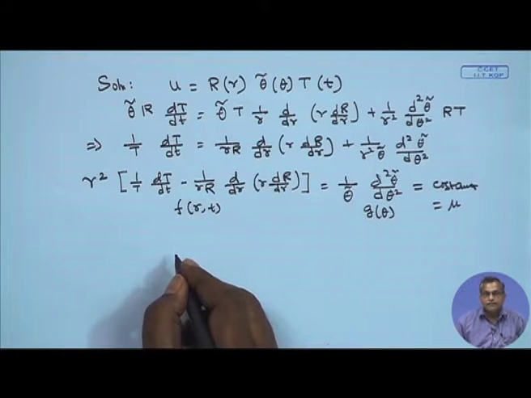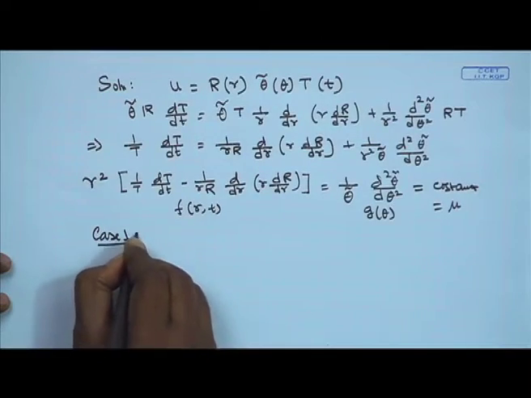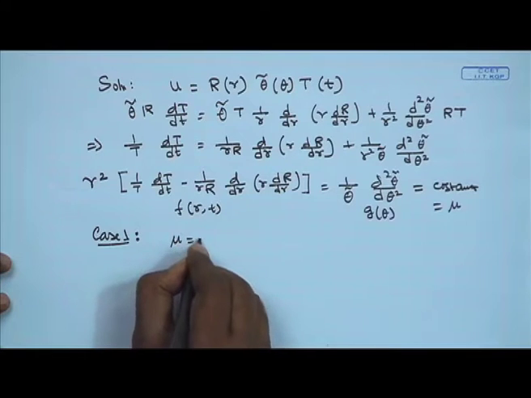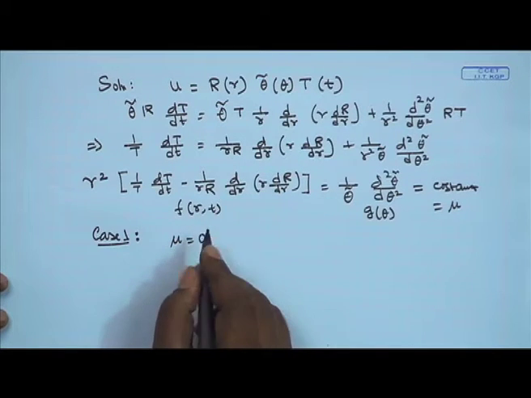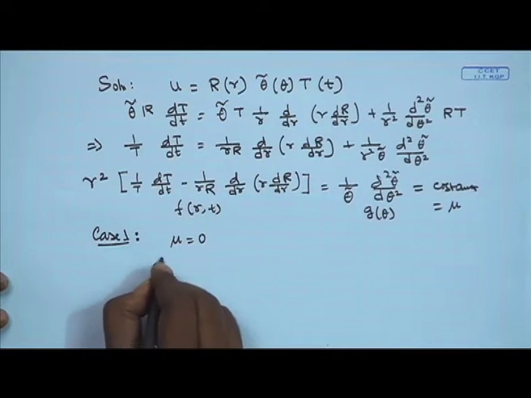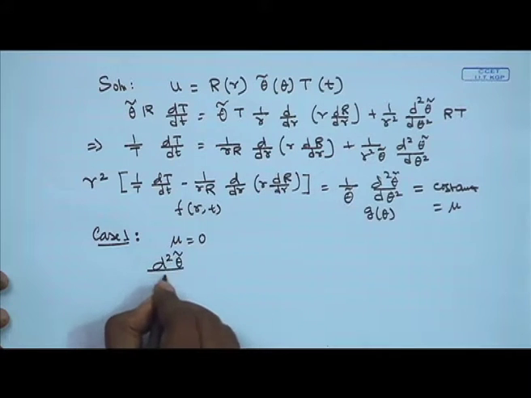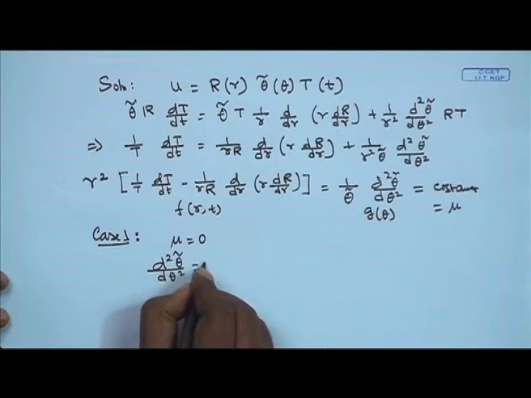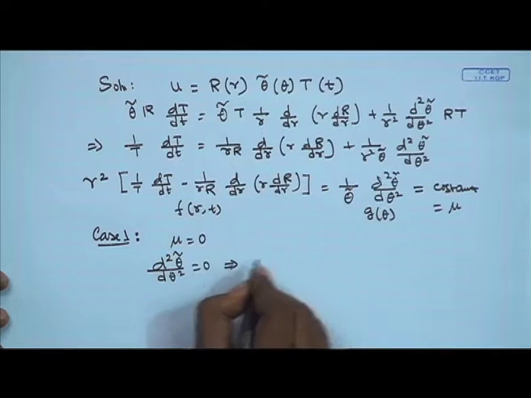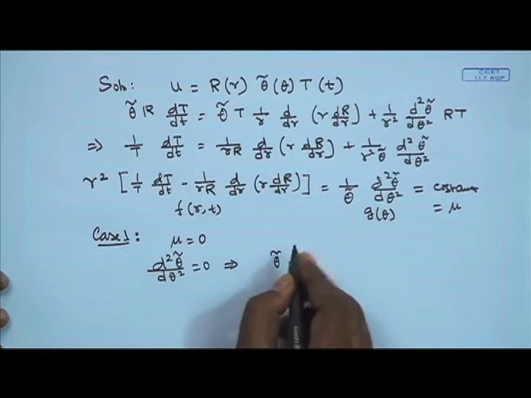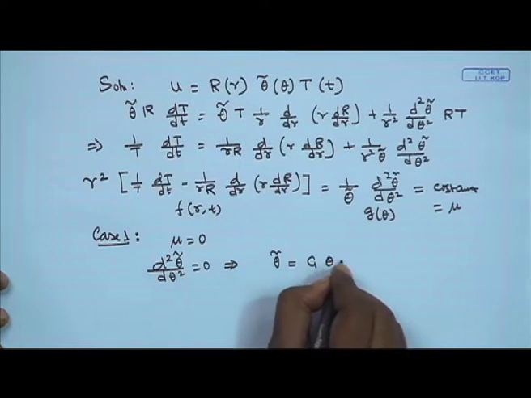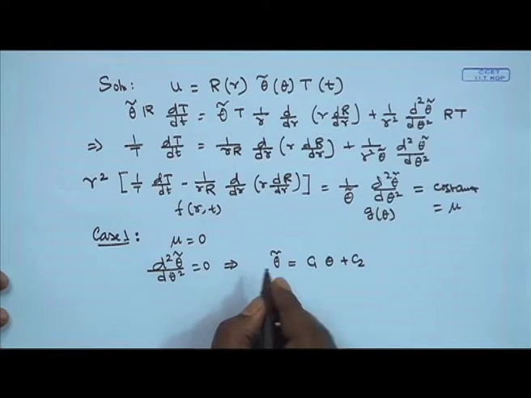Let us investigate this separately and let us try to formulate the eigenvalue problem in the theta direction. If you do that, then case number 1 will be mu equal to 0, when this constant is equal to 0. So, the governing equation becomes d square theta hat d theta square is equal to 0. So, this will have a solution which is nothing but a linear function, c1 theta plus c2.